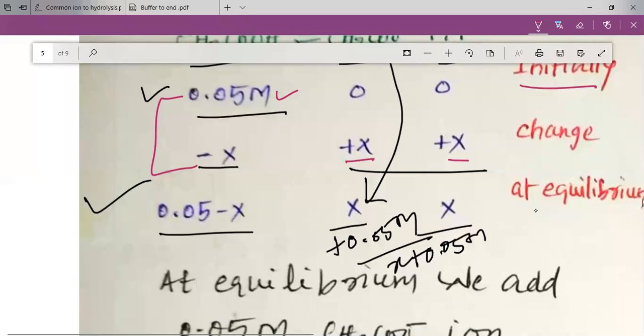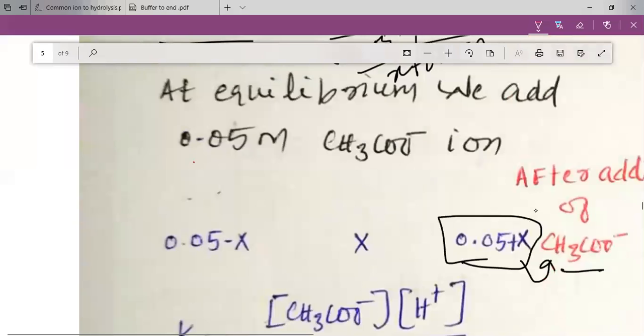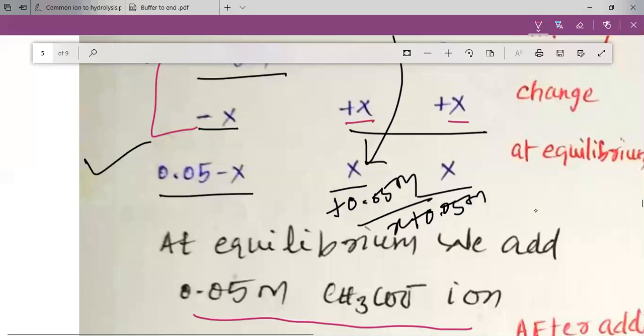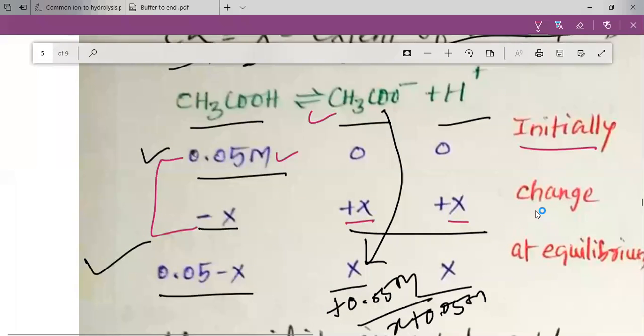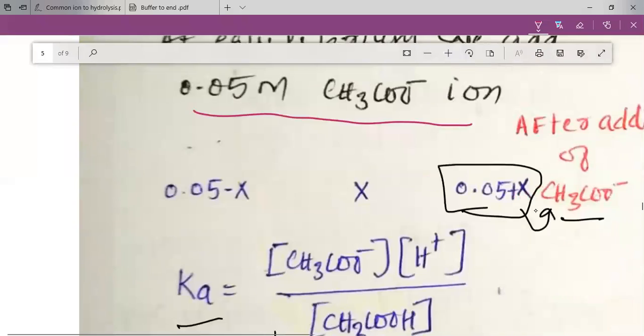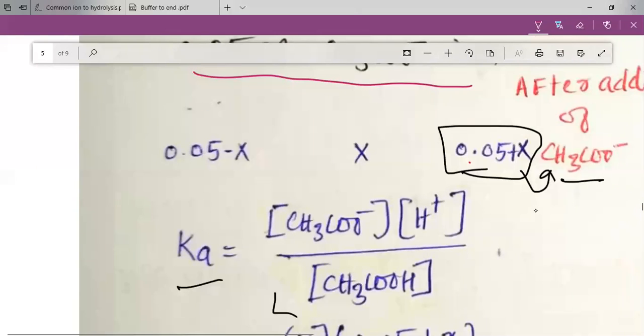Now at equilibrium, what happens? We add this CH3COO minus ion or acetate ion, which are extra. As we add these ions, my dear students, the concentration of this ion was X at equilibrium, and 0.05 molar we have added extra.